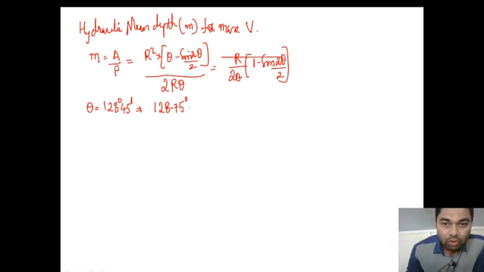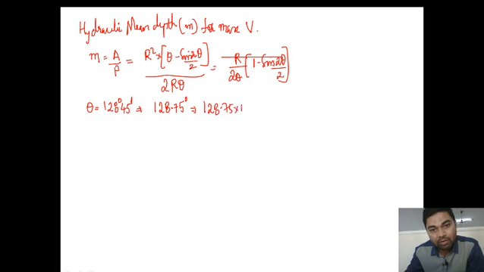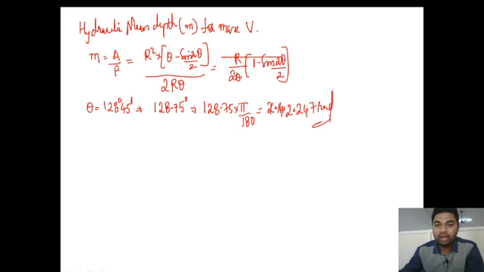To convert this value into radians, we need to multiply with pi by 180. 128.75 into pi by 180. The value comes in radians as 2.247 radians.